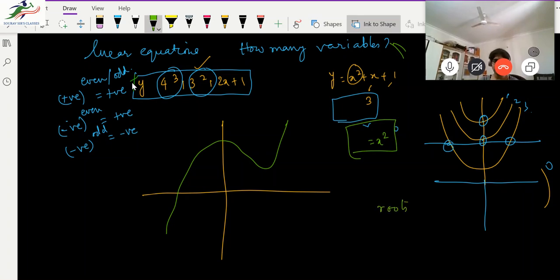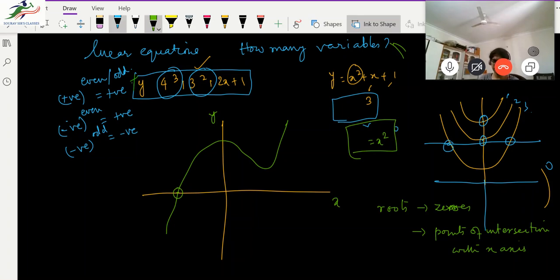Roots means zeros, that means points of intersection with the x-axis. So this is x, this is y. So how many roots? One. Because it touches or intersects the x-axis at one point only.